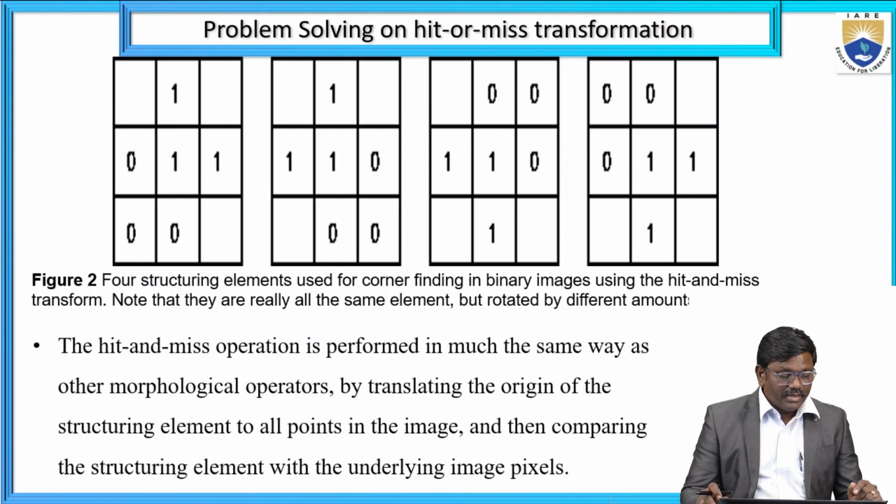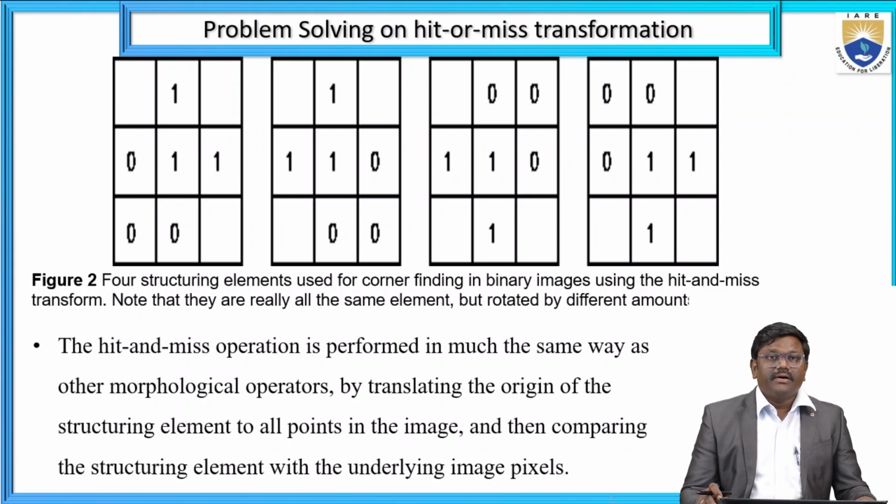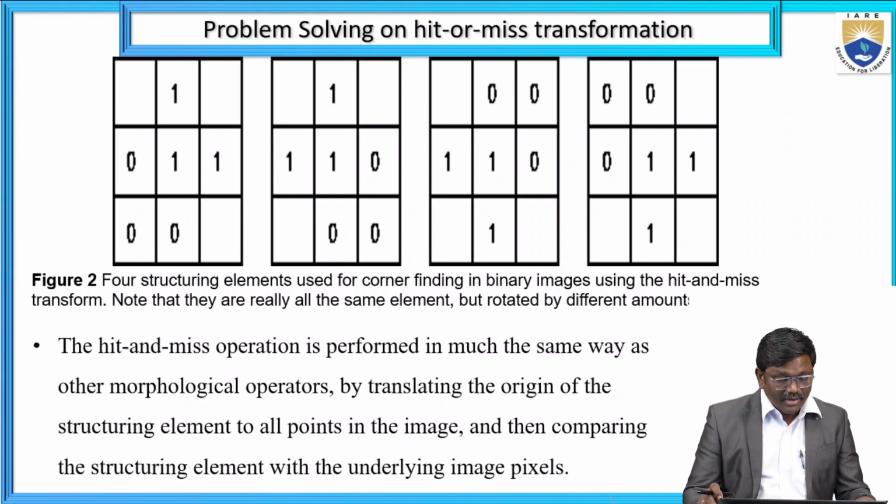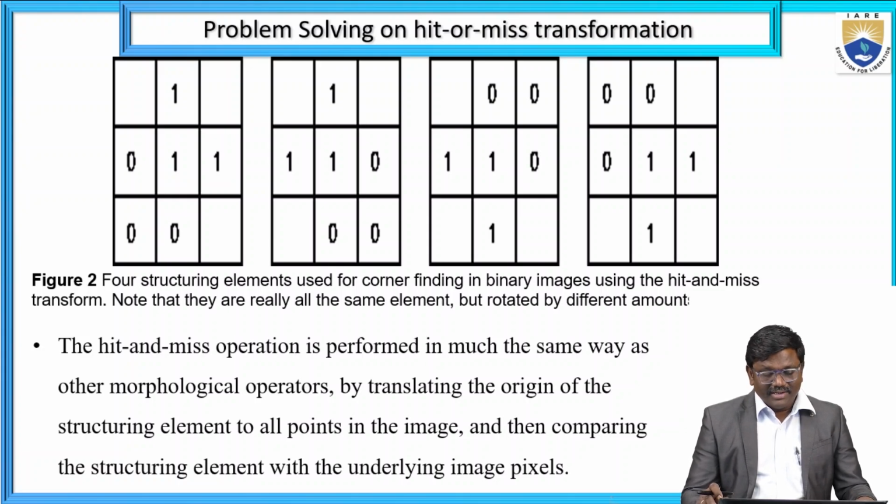The hit or miss operation is performed in much the same way as other morphological operators, by translating the origin of the structuring element to all points in the image and then comparing the structuring element with the underlying pixels of the image.